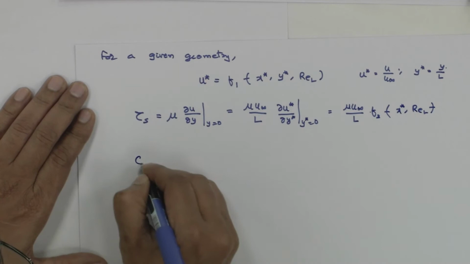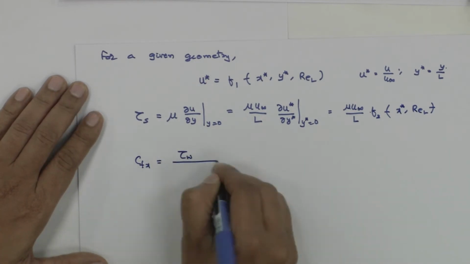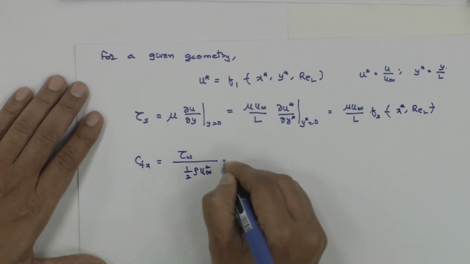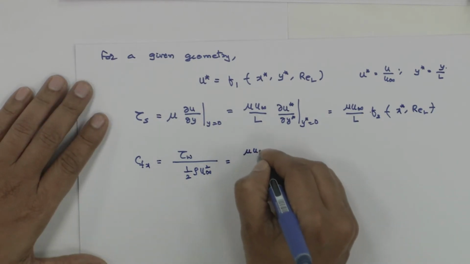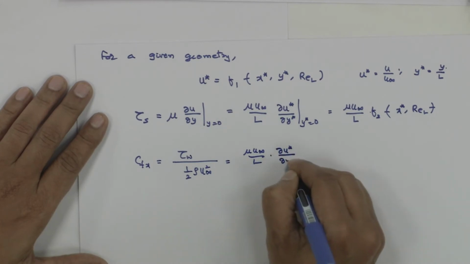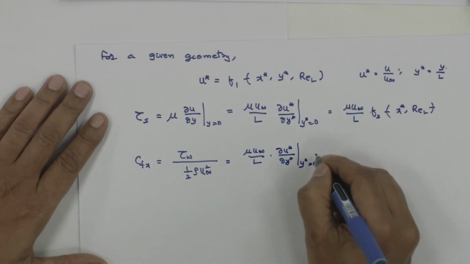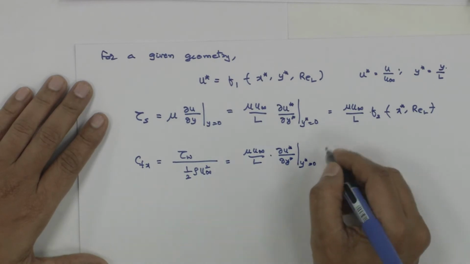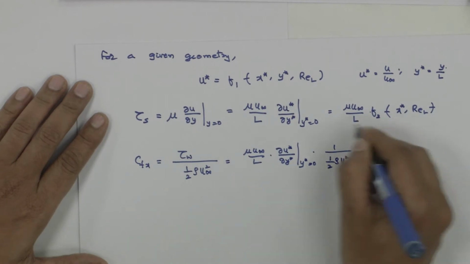So, then Cfx is given by tau wall or tau S upon half rho U infinity square, which is equal to tau wall, mu U infinity by L del U star upon del Y star at Y star equal to 0, into 1 upon half rho U infinity square. I can replace this with this function.